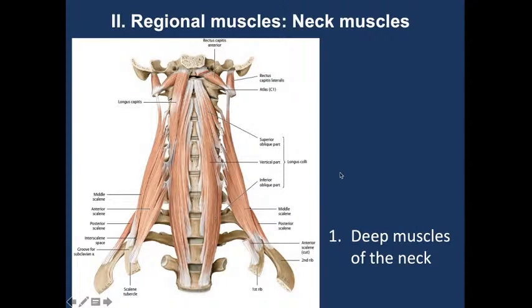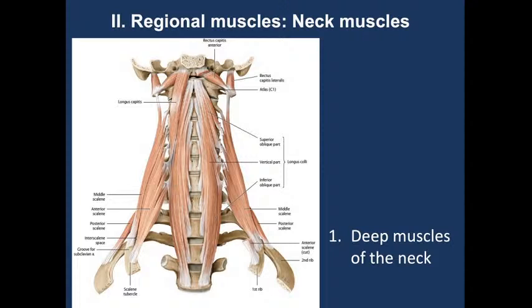And the third group is the deep muscles of the neck, medial subgroup and lateral subgroup, also called scalene muscles. Only three muscles: anterior scalene, middle scalene, and posterior scalene muscle. That's all for now, my friend.